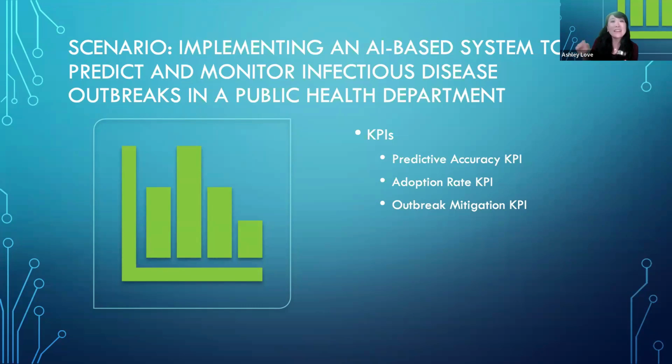Here we're looking at predictive accuracy, adoption rate, and also outbreak mitigation as some of the key performance indicators that we use in public health or healthcare, for instance. Those of you who are in different industries, you want to figure out an indicator that is used in your discipline.